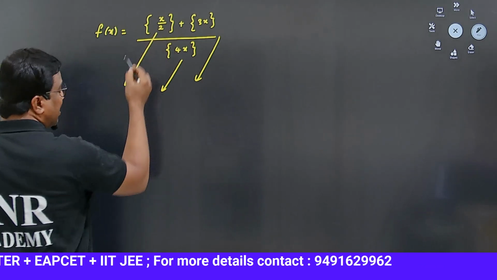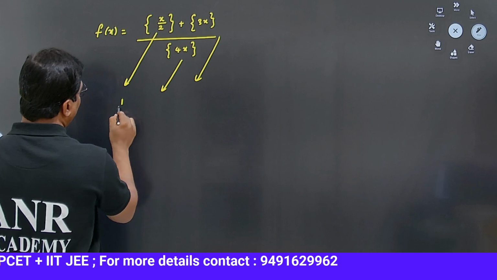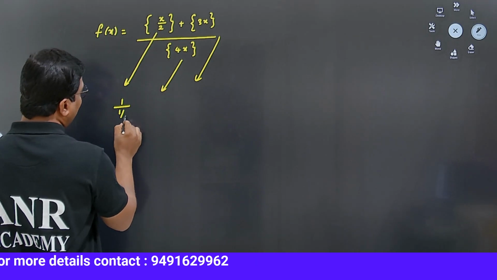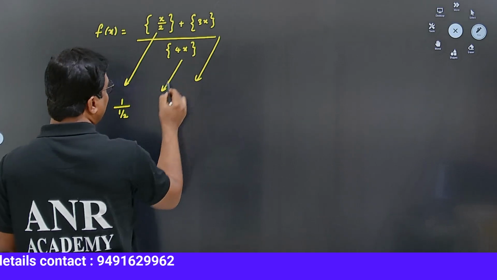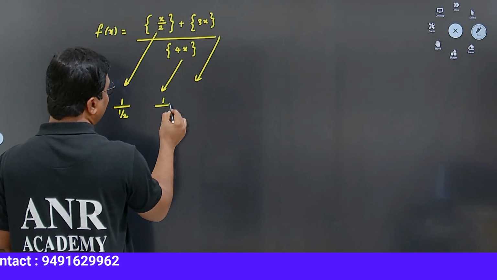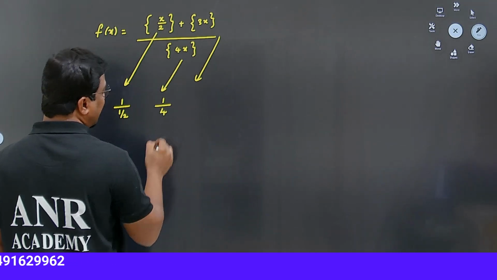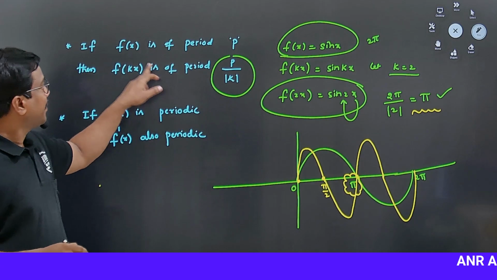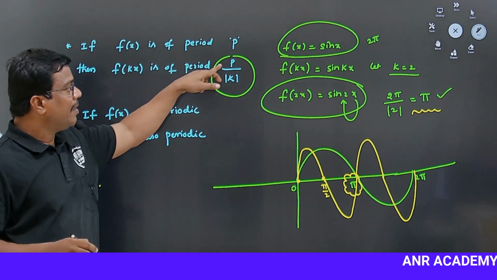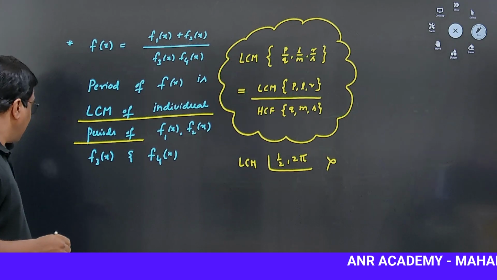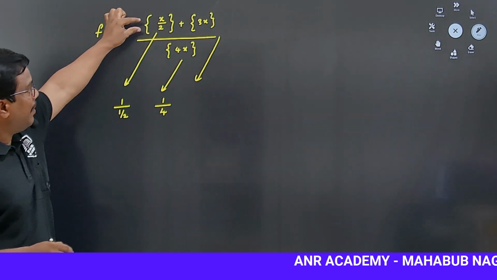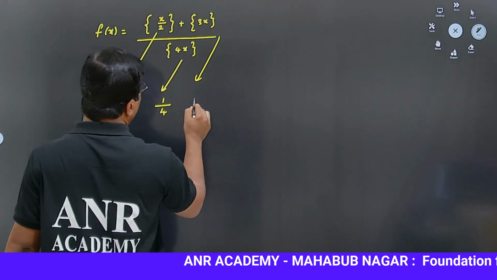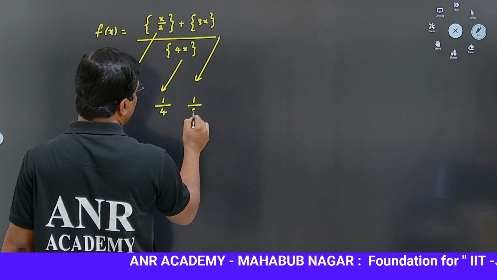First, fractional part of x is of period 1, but you have multiple 1 by 2 here. So 1 by 1 by 2. Next, fractional part of x has period 1, and its multiple 4 you have to write in the denominator part, by this property: when x is multiplied by k, p by k is the period. So here multiple 1 by 2, and here 3, and here 4. So 1 by 3 here.